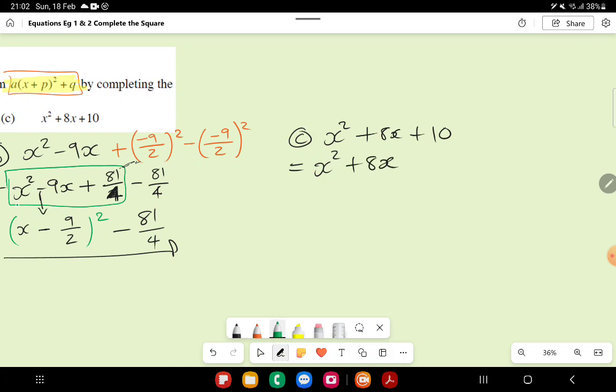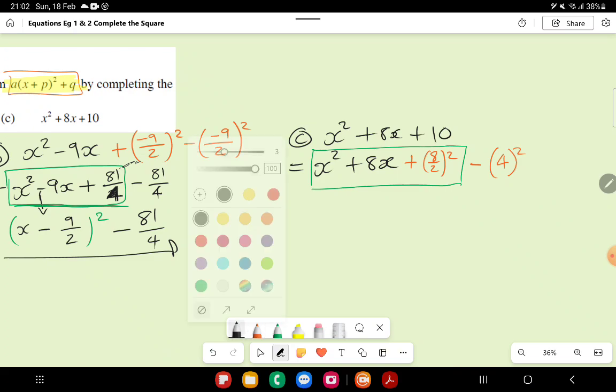So because we want this green rectangle, I want to put something here that's going to complete my green rectangle. And what you're going to do is your C, your orange C. So you're going to say plus 8 over 2 squared on the inside of your green rectangle, and then minus 8 over 2, which is 4, so 4 squared on the outside.